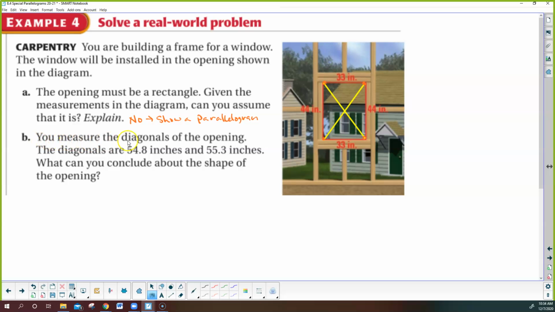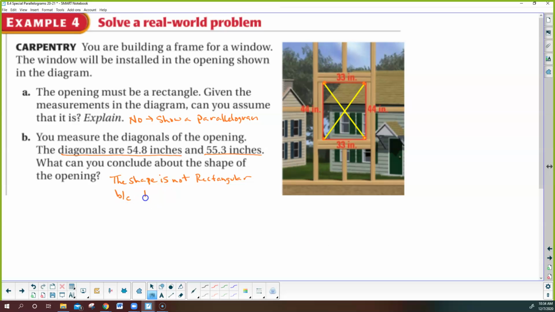And then part B says you measure the diagonals of the opening. The diagonal 1 is 54.8 and the diagonal 2 is 55.3. What can you conclude about your shape? Well, we can conclude that the shape is not rectangular. I don't want to spell rectangular correctly today. There you go.